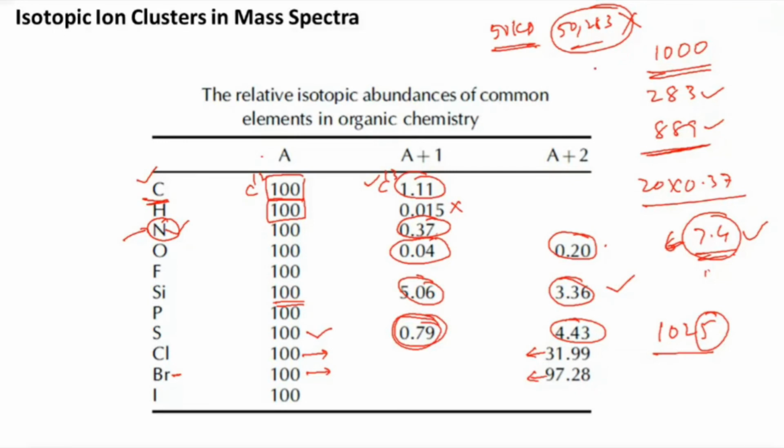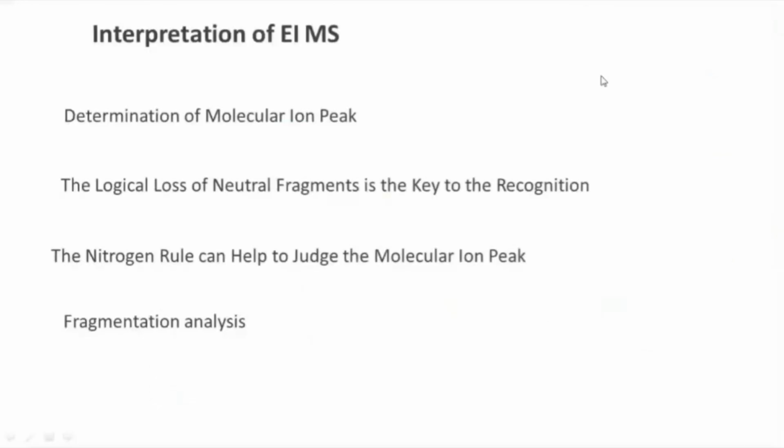Interpretation of electron impact mass spec is a classical way of learning mass spec analysis. From here, we are going to extrapolate our knowledge to other mass spec analyses. The first step is to determine the molecular ion peak.